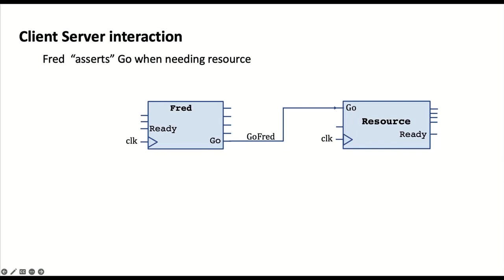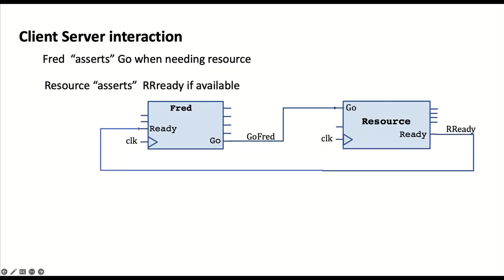So it's going to assert its go output. And if the resource is also providing an output that's connected back to Fred that says, okay, yes, I'm ready, I can respond to your request, it's going to tell Fred, okay, go ahead, send data, or use the adder, or use the multiplier, or whatever. Okay, and so you have this interaction between the client, Fred, and the resource.